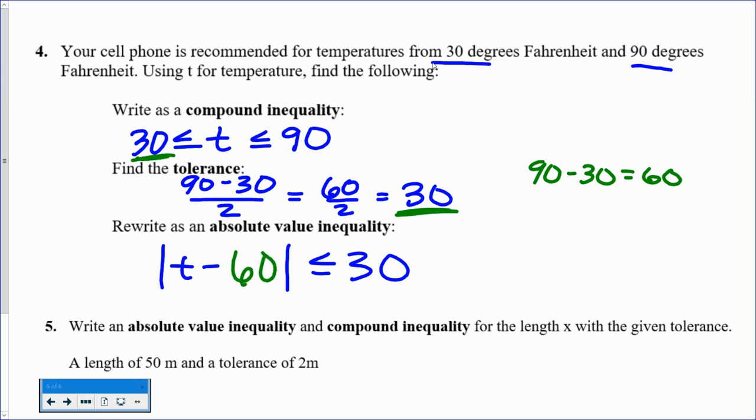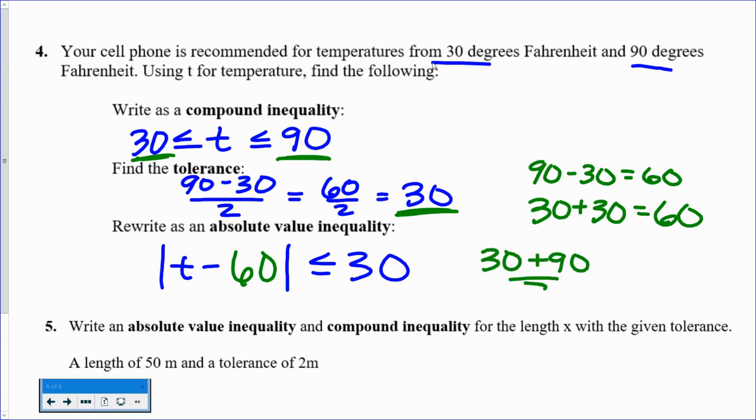Or I could go from what's below, which is 30, and be 30 above 30, and that would also be 60. Or I could figure out the exact middle number between 30 and 90. So I'm finding that average, adding those two together to get 120, divided by 2, is also 60. So there are a couple different ways you could come up with that desired amount if they don't give it to you.